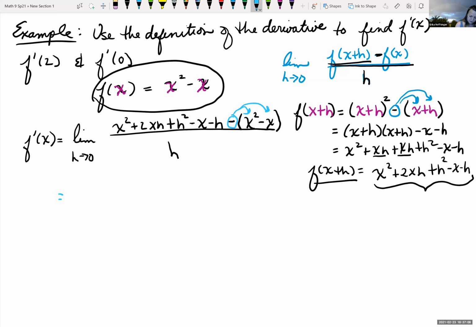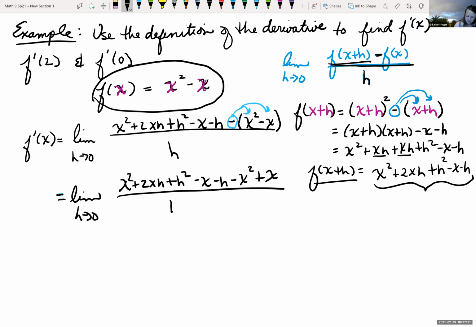And so this is equal to the limit as h approaches 0 of x squared plus 2xh plus h squared minus x minus h. Distributing that negative, I get minus x squared plus x all over h.